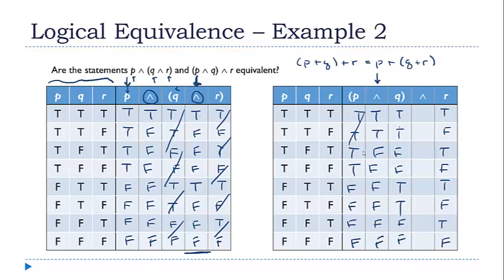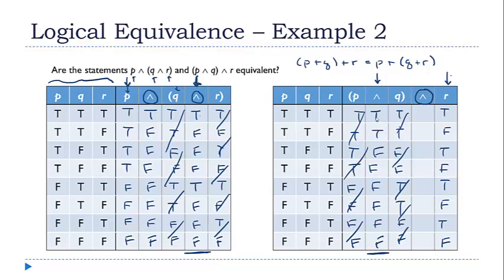Then I'm going to start to disregard these columns. I don't need them anymore. And this column is going to be the final result for the parentheses. So this is the column that I'm going to compare to the R column to get the values of this and.